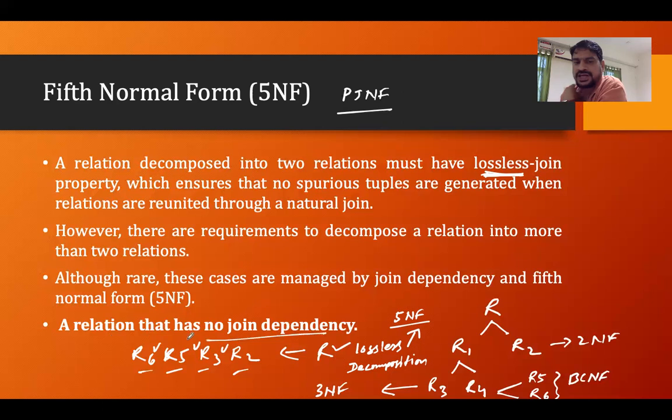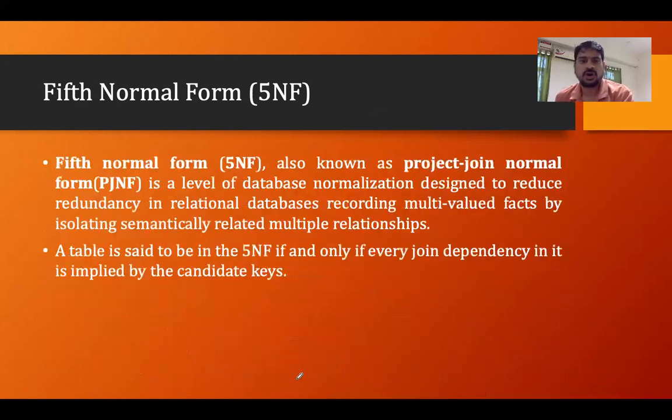So a relation that has no join dependency gives us lossless decomposition and lossless join, and we are getting R at the very last. That is done in the fifth normal form, which is also called project join normal form. So it is all about joining.